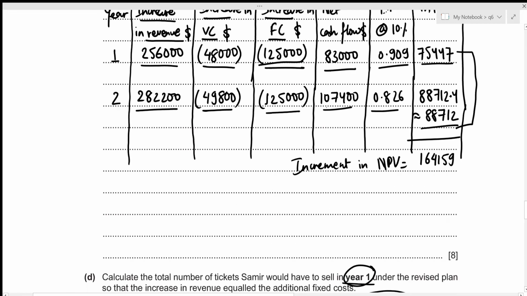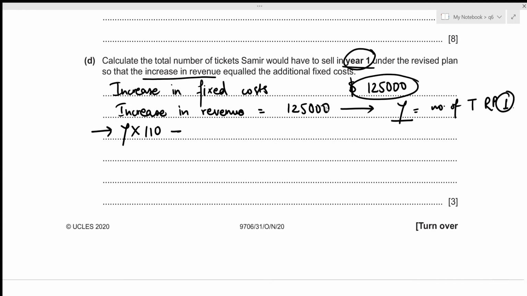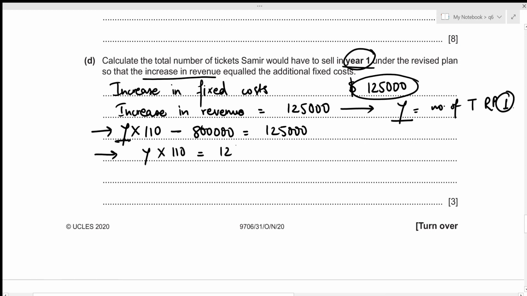Let's write it down. So that's y times 110 minus 800,000 equals 125,000. Now this is a very simple equation. We just need to figure out the value for y. That's going to be y times 110 equals 125,000 plus 800,000.